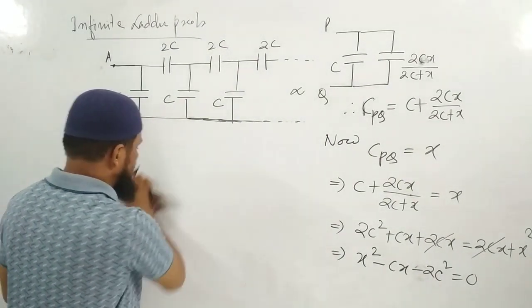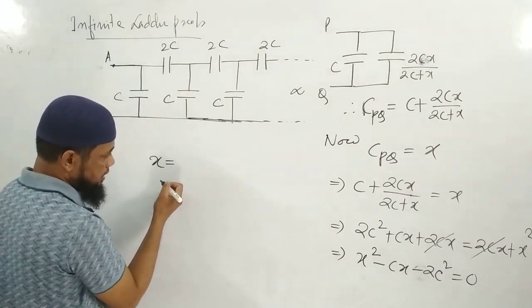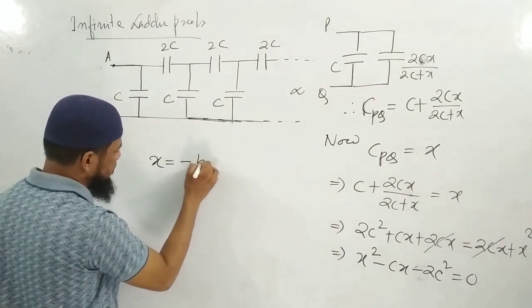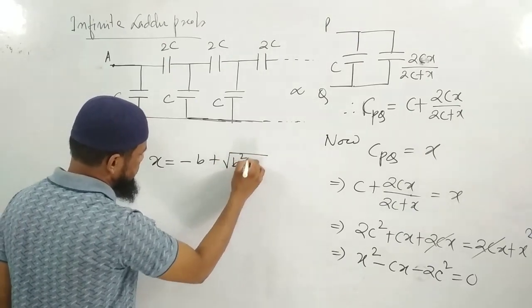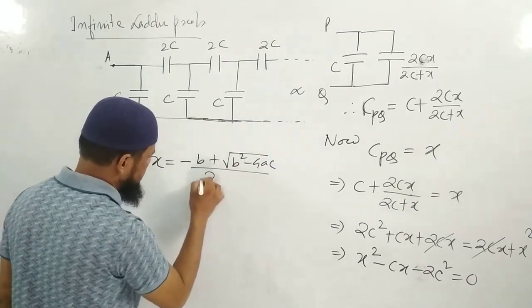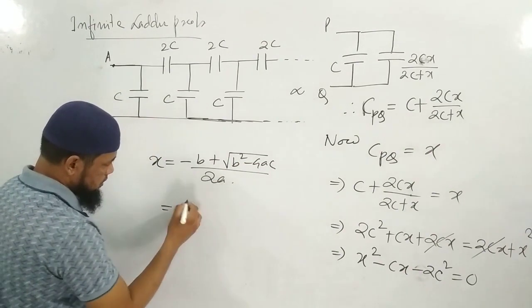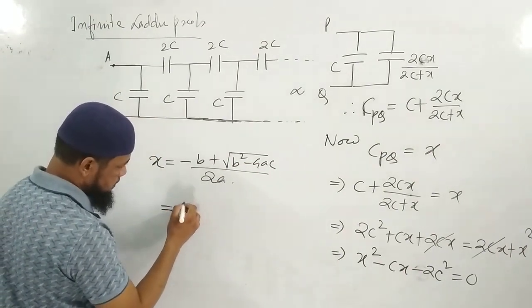You use this one, wait a minute. X is equal to minus B plus or minus square root of B square minus 4AC divided by 2A. So how much will we get?